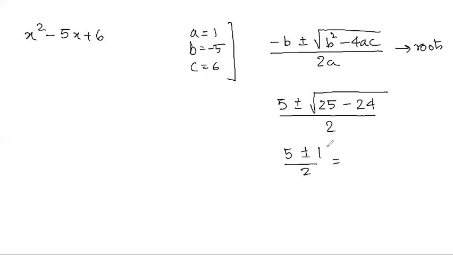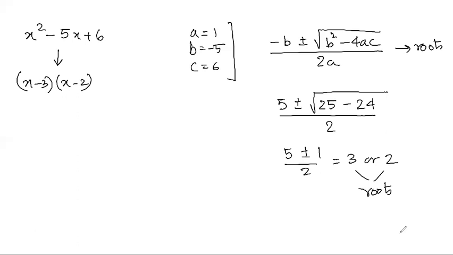So that's 5 plus 1, 6 over 2, and 5 minus 1, 4 over 2. These are the roots, so the factors will be x minus 3 times x minus 2. If you equate to 0, you get x equal to 3 or x equal to 2. This is another way in which you can factorize a quadratic expression.